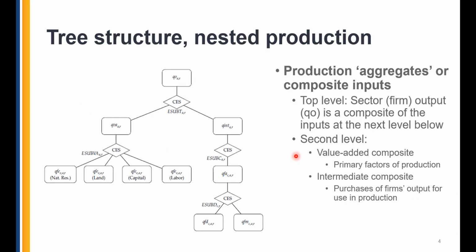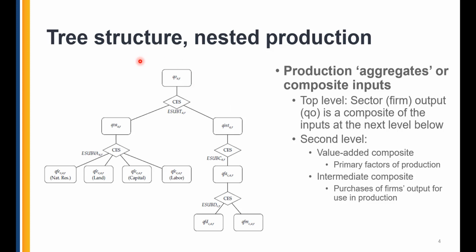Okay, so really the theory of the supply side, or the production in GTAP, is what we call nested production, or sometimes it's called multi-stage optimization. So we haven't quite got to the optimization part, but the firm produces output, and just think of it as a production line.